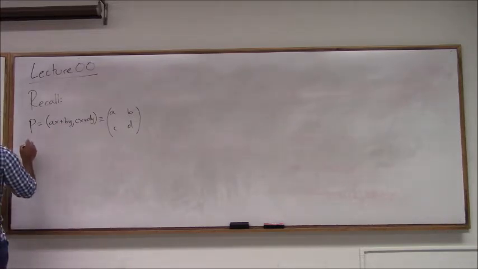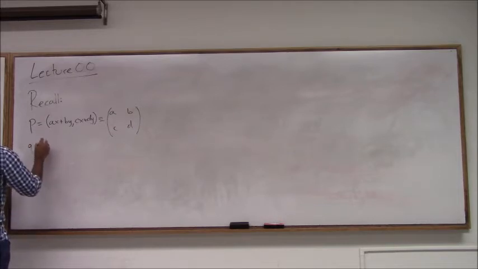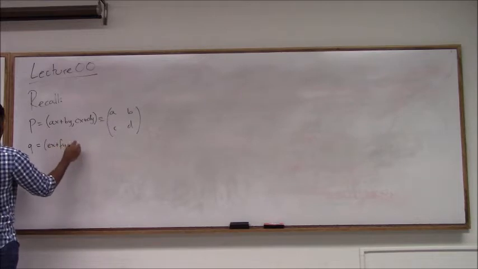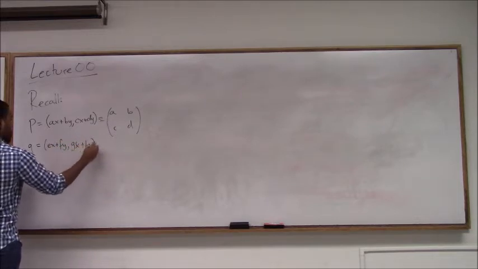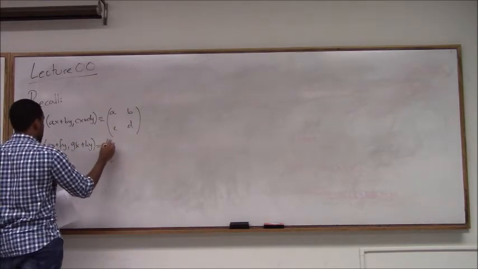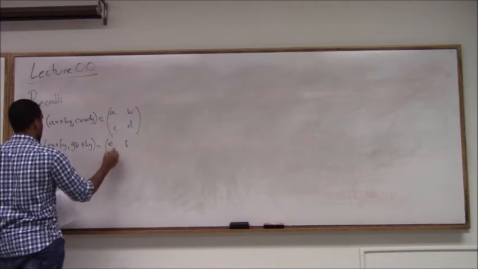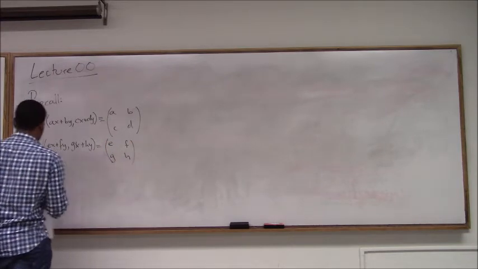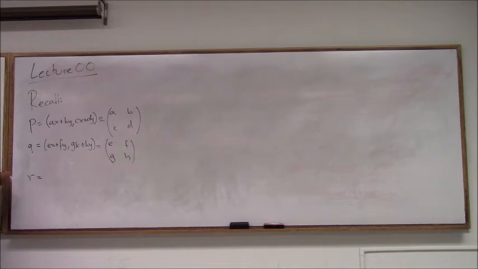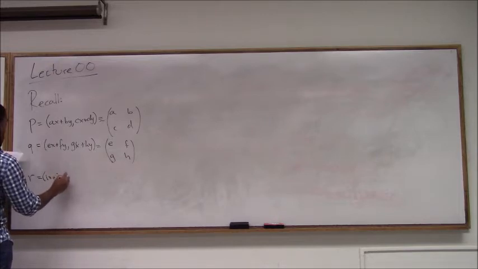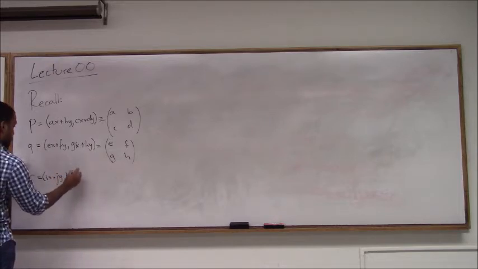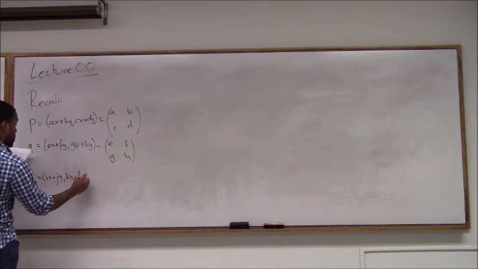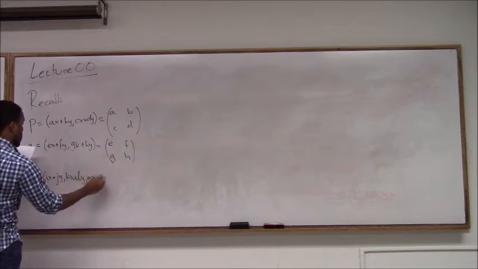And we also had Q, which was ex plus fy, comma, gx plus hy, and this we could have represented as e, f, g, h. We also defined another function, R, that took ix plus jy, comma, kx plus ly, comma, mx plus ny.